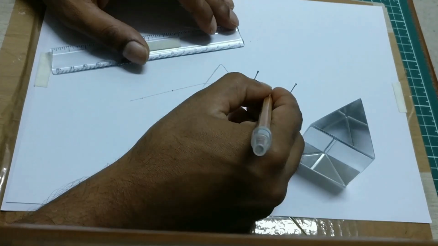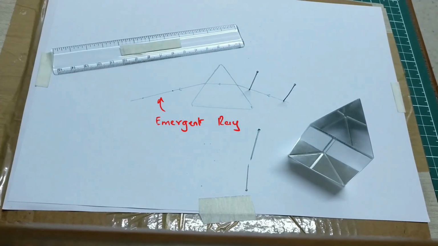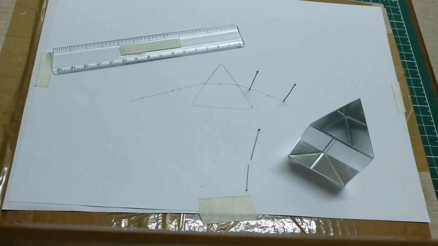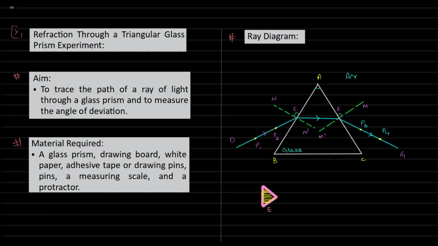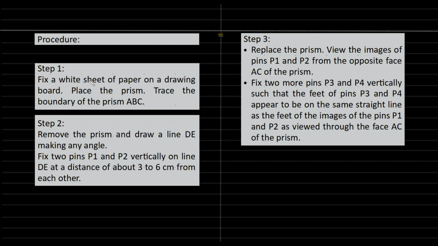So incident, refracted and emerging ray. And this is pretty much your experiment, right? So this is the write-up. Step 1, 2, 3, 4. Step 1, fixing white sheet and the prism and tracing the boundary. So white sheet, prism and the boundary.